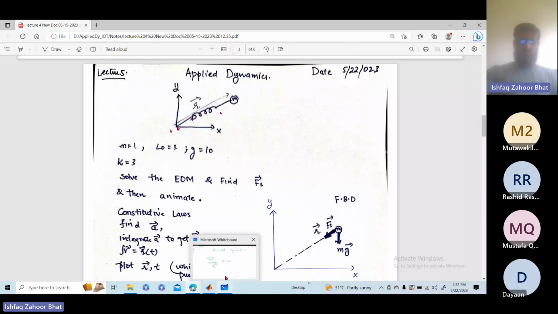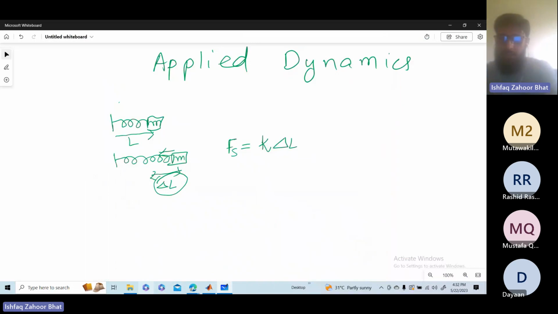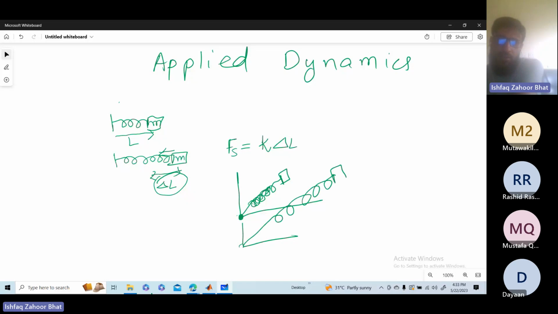So to make this clear, I will draw a figure. Basically what I mean when I said that there is no restrictive moment here being generated. If this is our spring, this spring can compress in this direction, so it can become this. This spring can elongate in this direction, so it can become this.